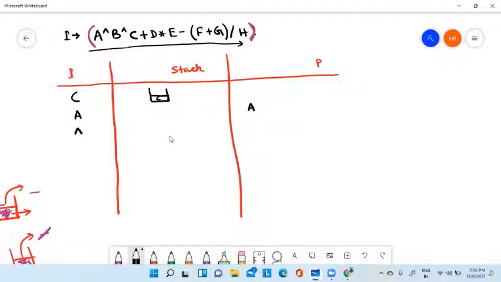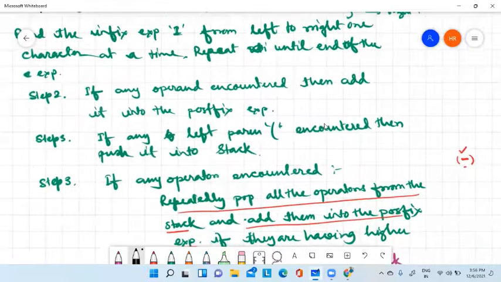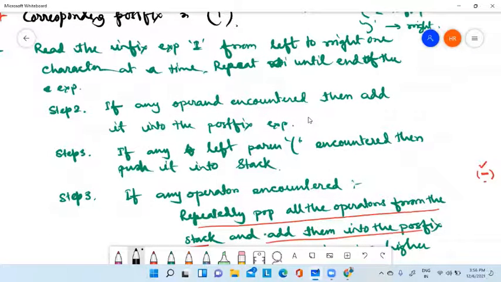Then to the power. Since to the power has the higher precedence, remember these things. For to the power, this operator is always pushed. Because this has the highest precedence, this operator always has an operation which is called push. So you can add this in these different steps.